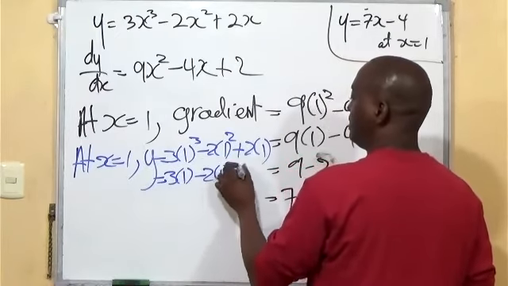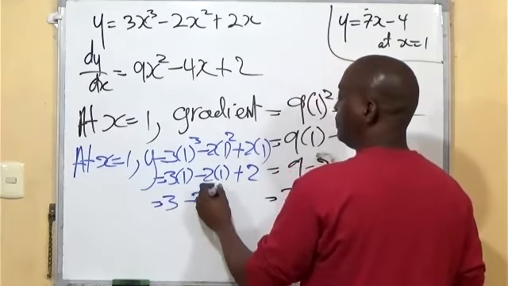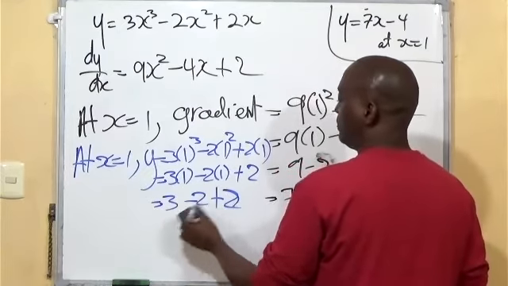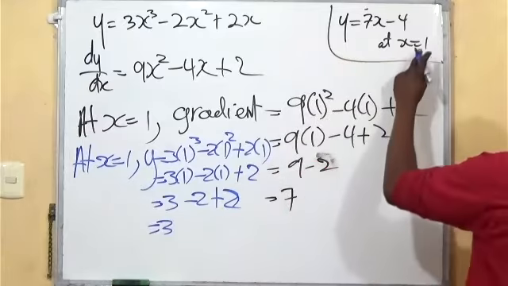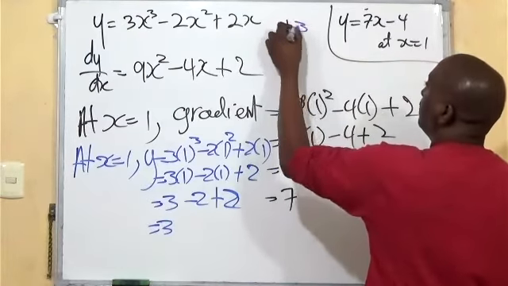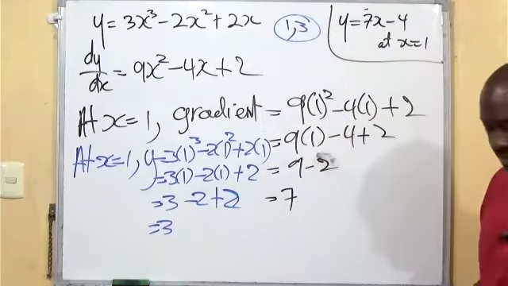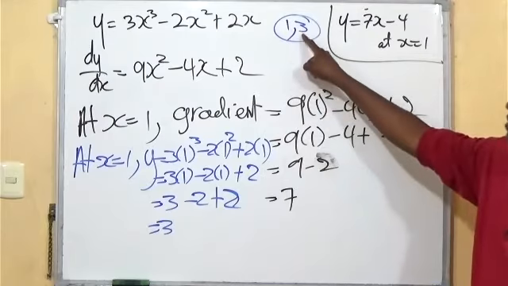Right, I'm not taking any chances. Plus 2. 3 by 1 is still 3. 2 by 1 is still 2 plus 2. Minus 2 plus 2 is 0, so that'll just be equal to 3. So the actual point is the point 1, 3.